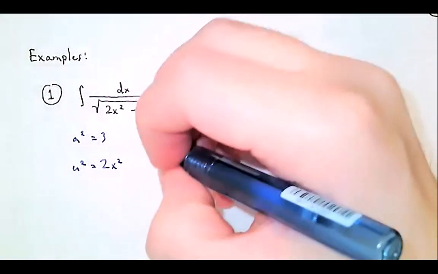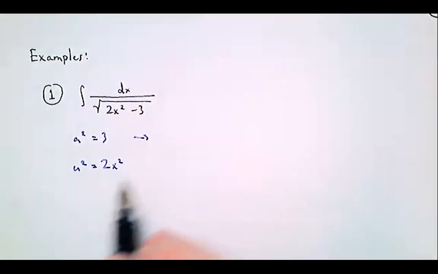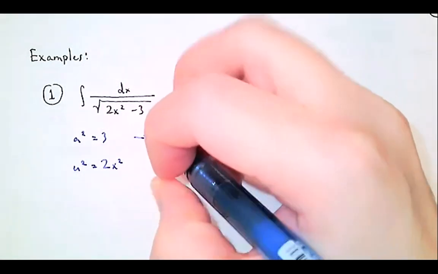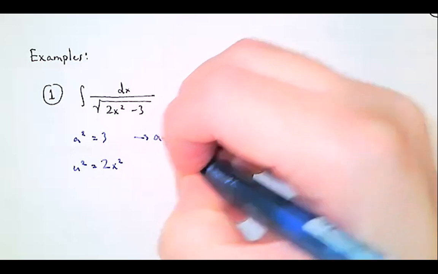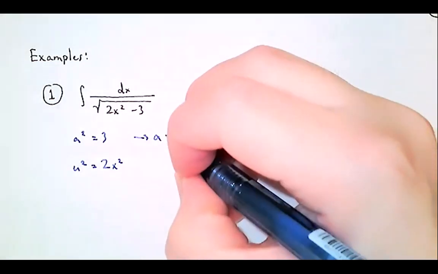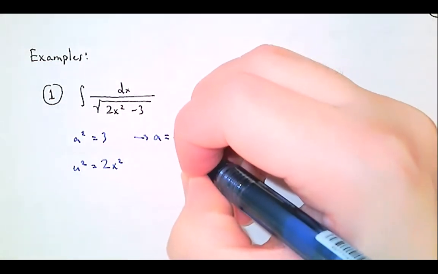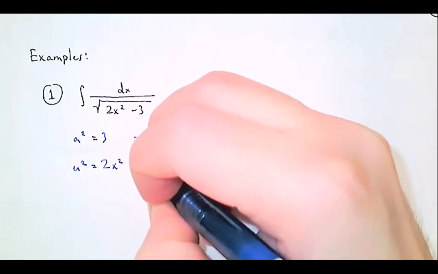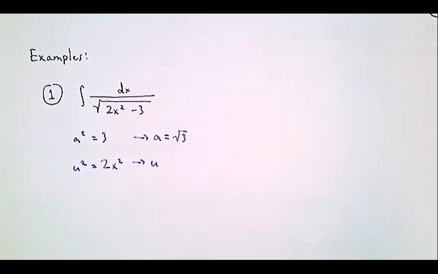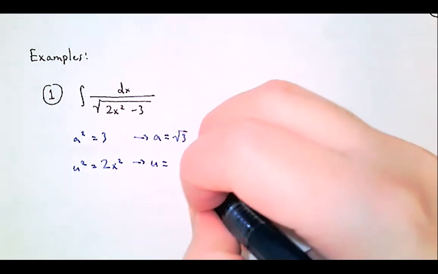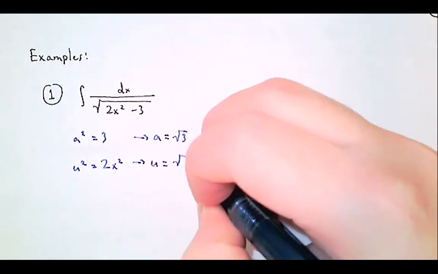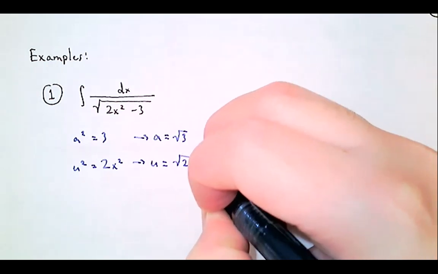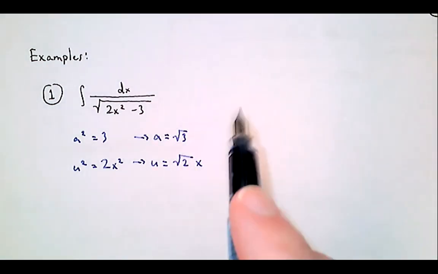And we know both of these should be positive. A and u need to be positive. So a is going to be the positive square root of 3. And u should be the square root of 2x, the square root of 2 times x.